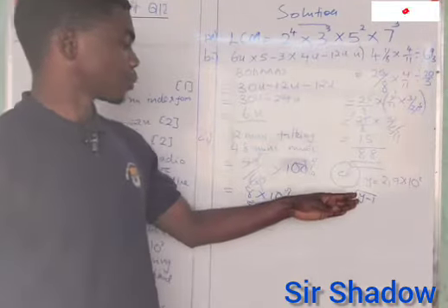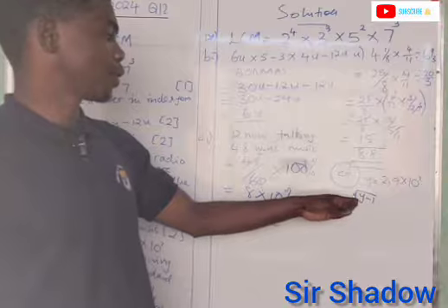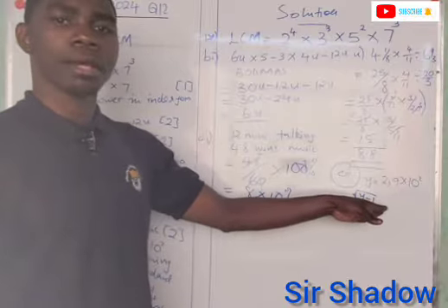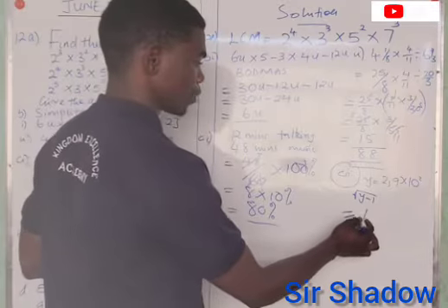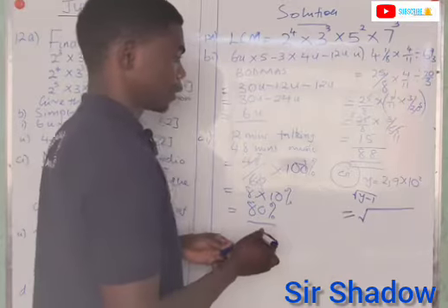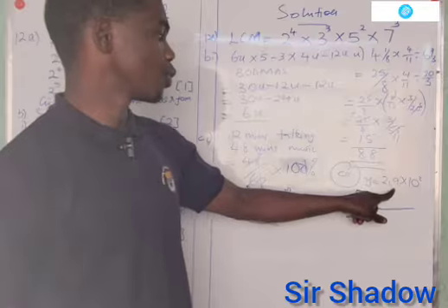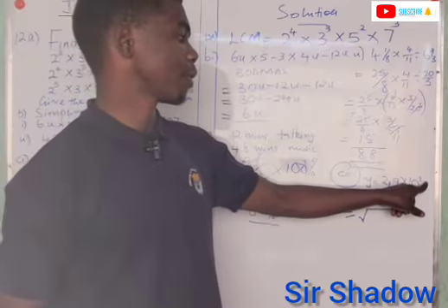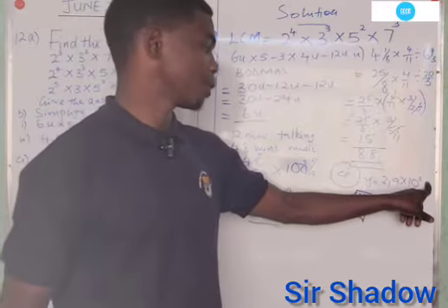So we want to simplify. y is equal to 2.9 times 10 to the power of 2. Therefore, to evaluate the square root of y minus 1, just note that y is equal to 2.9 times 10 to the power of 2.